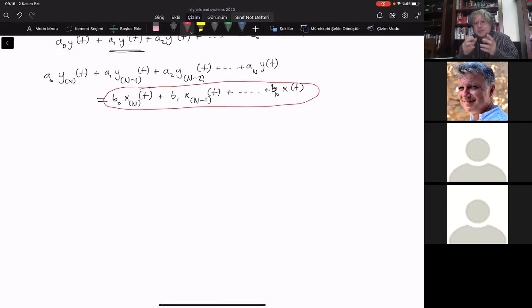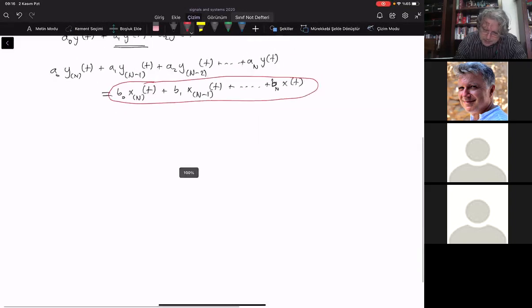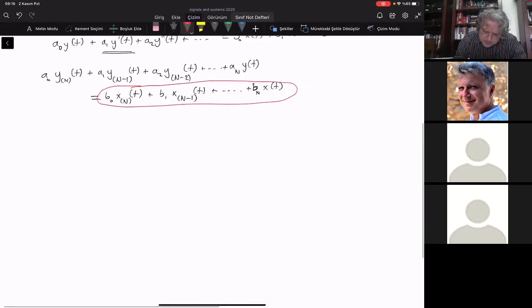So every sub-index of x will be increasing as I use more and more integrators. So I will start from x of t going into a system, and then I integrate it.